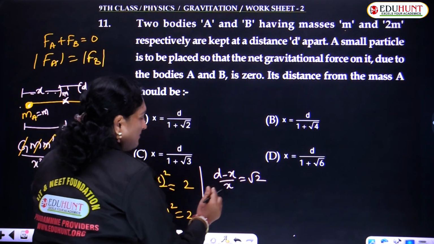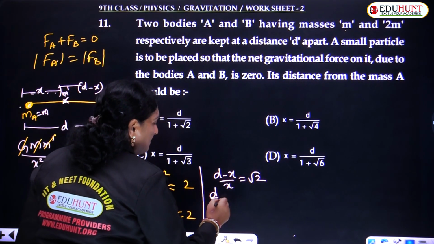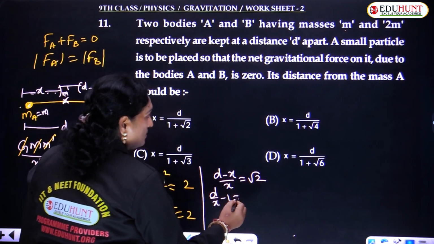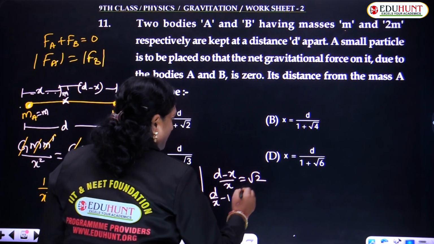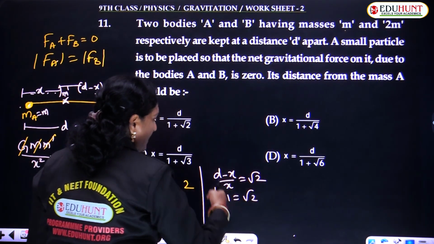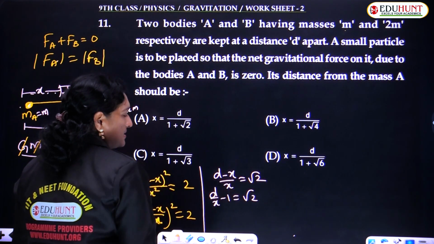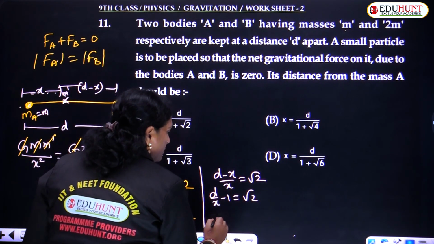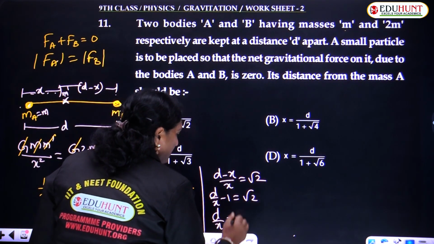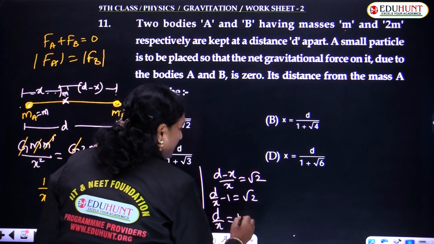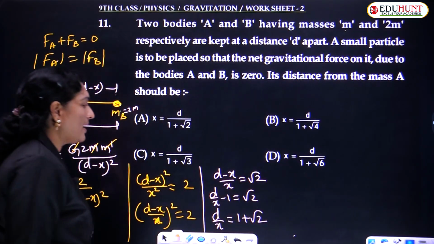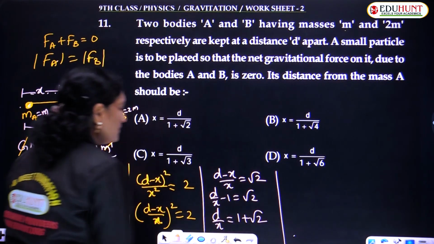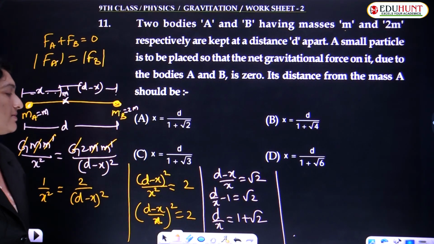So, separating the variables, d by x minus x by x, which I consider as 1, equals root 2. Or d by x equals, carrying minus 1 to the other side, plus 1. So d by x equals 1 plus root 2.